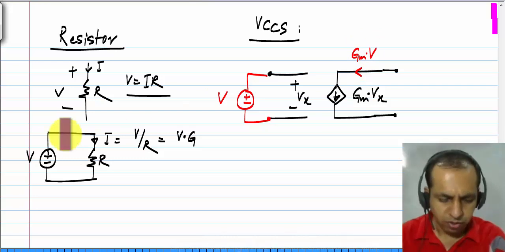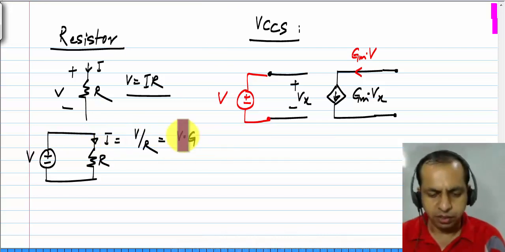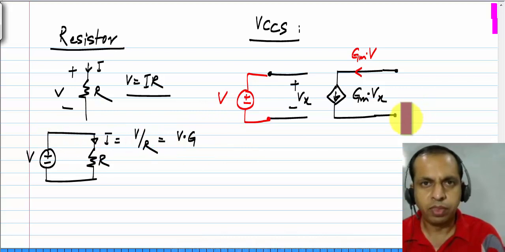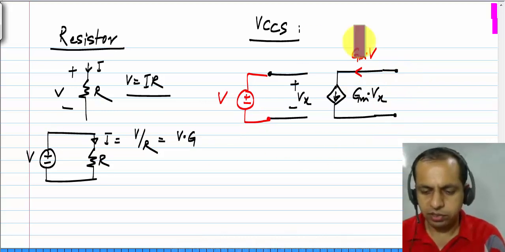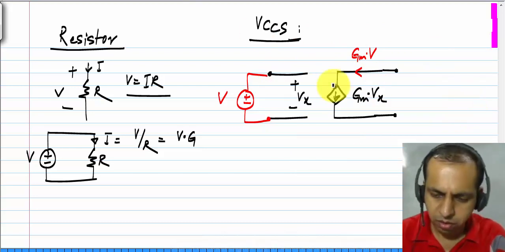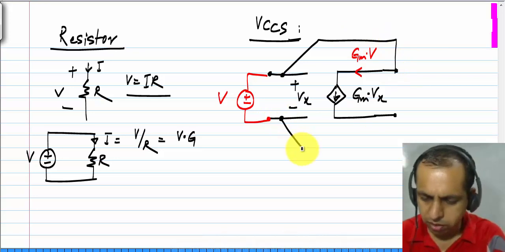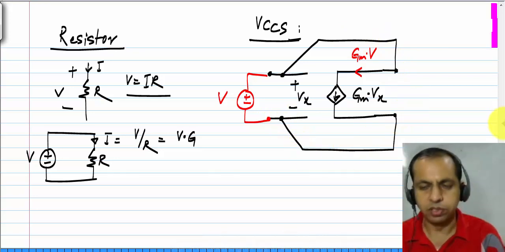Okay. What does a resistor do? If a V is applied across it, it draws a current I, which is V times G, from the voltage source itself. And that scenario can be easily arranged in this picture, right? This Gm times V, I could have connected this to any circuit. Now I will choose to connect it back to my circuit.